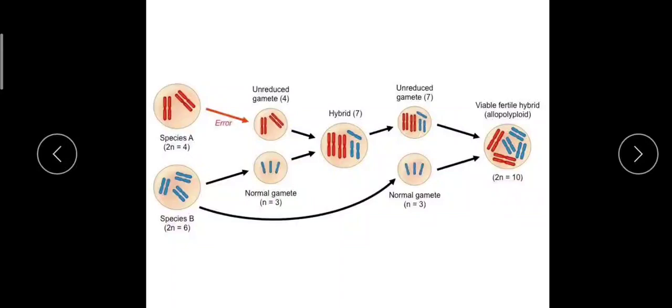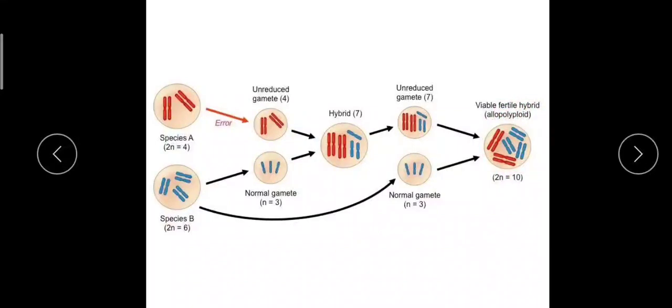Okay, so you can see red colored and blue colored. Red color is species A, blue color is from the species B. So this cell, this polyploid or this hybrid is having chromosomes of 2 different species, and also they are found in multiple sets.